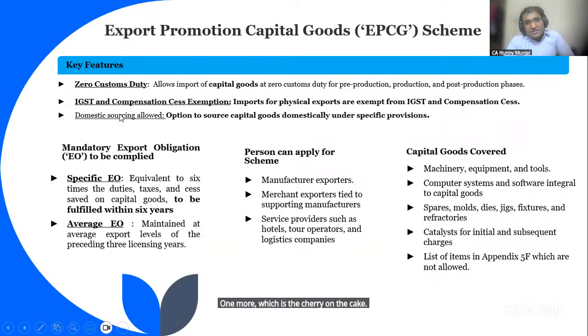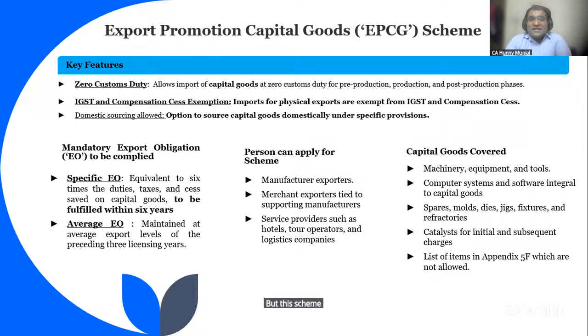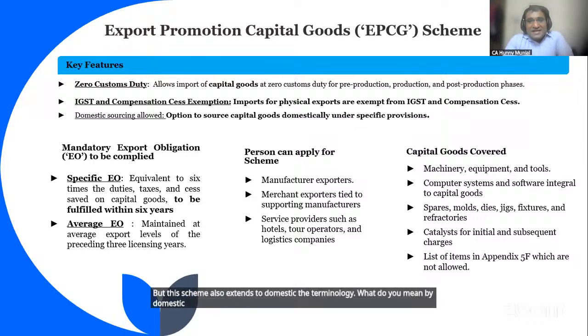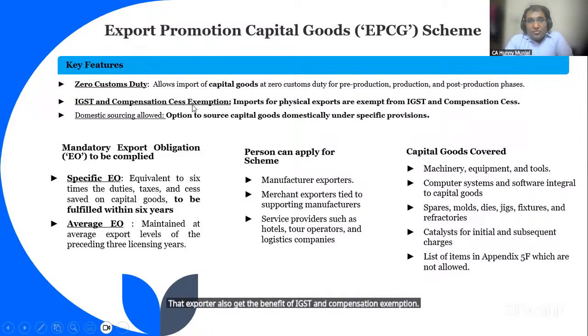This scheme is not only for imported goods, but it also extends to domestic procurement. What do you mean by domestic procurement? In case an exporter wants to locally procure the capital goods, that exporter also gets the benefit of IGST and compensation cess exemption. So these are the biggest benefits under this scheme.